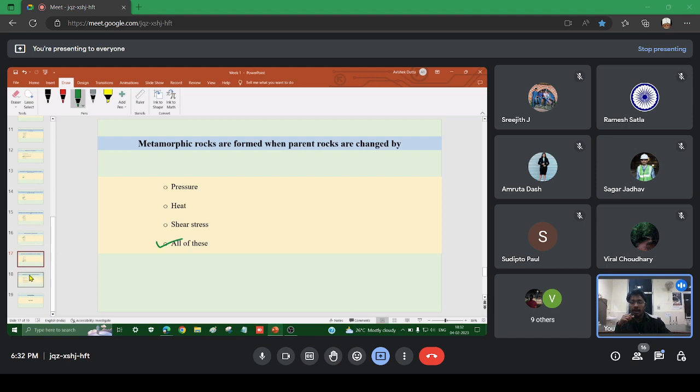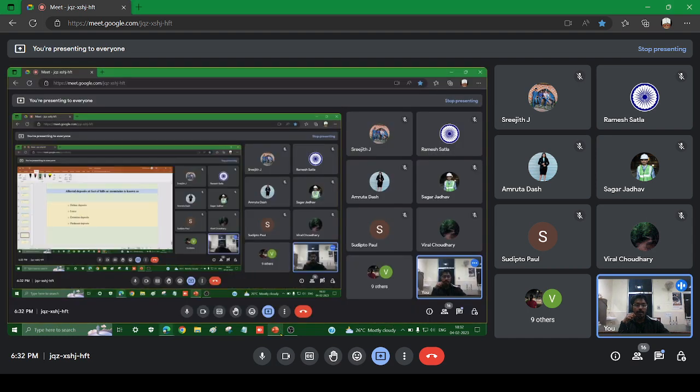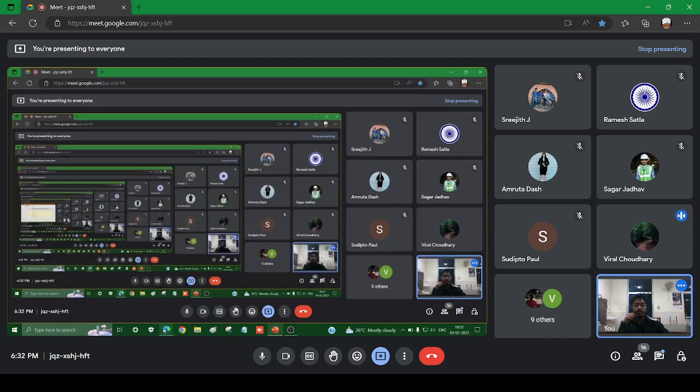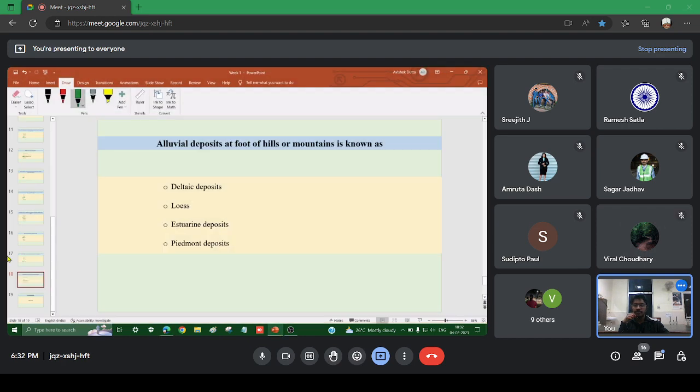Now I think the last question. Alluvial deposits at the foot of hills or mountains is known as Piedmont deposits. Viral gave the answer. What about the others?